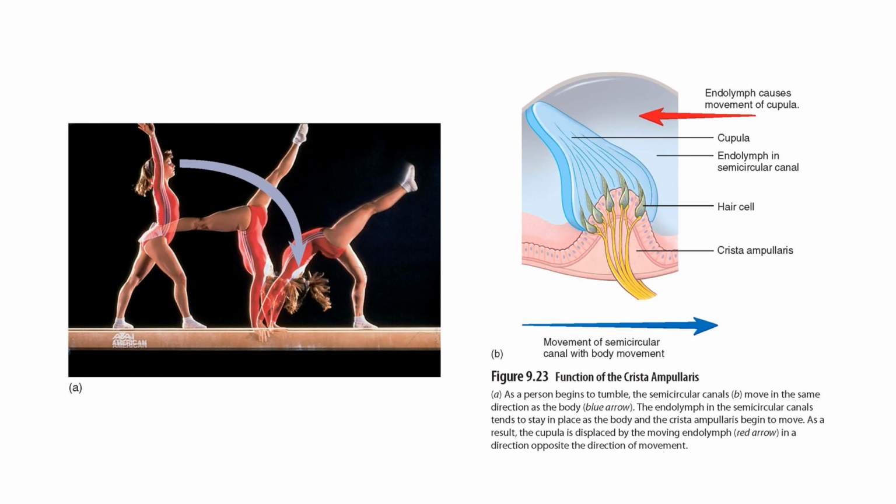So the movement of the semicircular canal with the body movement is contralateral. Kumbaga, magkabaliktad sila. So, kung saan papunta yung position ng tao, ang reaction naman of your semicircular canal, or the endolymph of your cupula, would be against the direction.